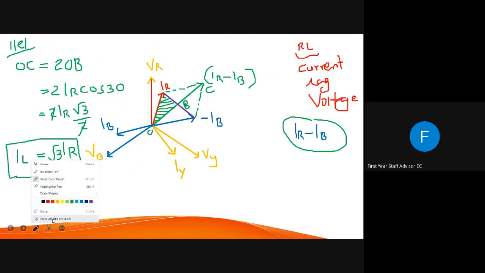Okay, so there are 3 coils. A coil will be, suppose, like this. There is an inductor and also a resistance. This is the resistance, this is the inductance. So the load is like this.